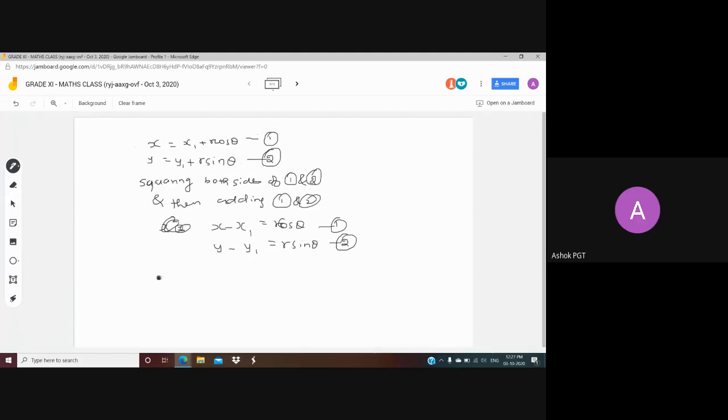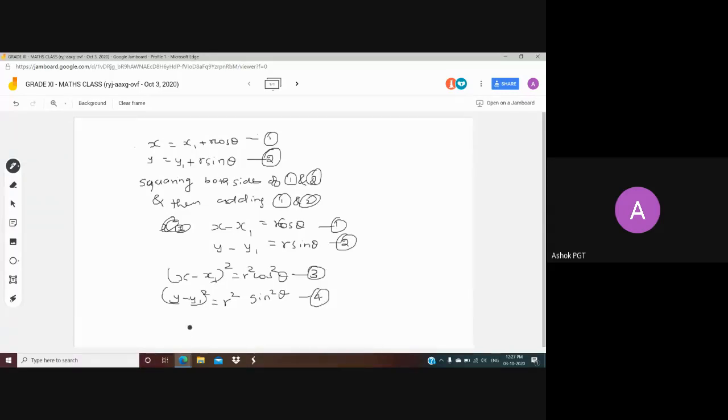Now I am squaring it, so I am getting x minus x1 whole square is equal to r square cos square theta. Students, are you clear? Let us say this is the third equation. Now I am squaring the second equation, which is y minus y1 whole square is equal to r square sine square theta. Right or wrong, students? Let us say this is the fourth equation.